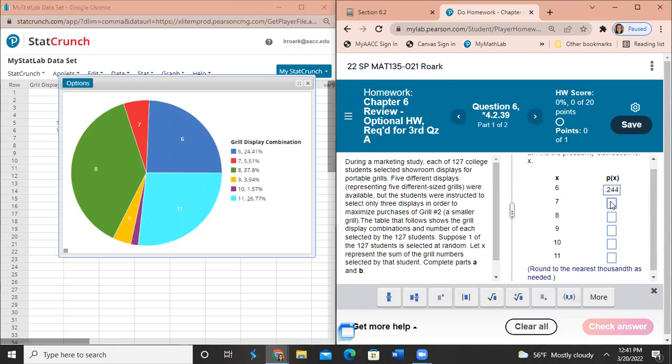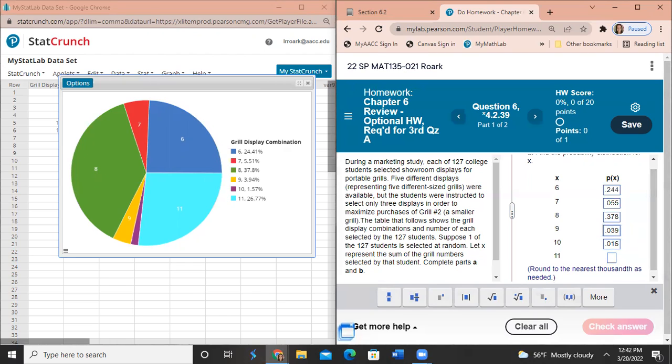Okay, and then 7 would be 0.055. 8 is 37.8, so that'd be 0.378, just moving the decimal place 2 times. But again, if you'd prefer to just go through and add the frequencies up and then divide each one, that works just as well. Okay, I had too many numbers here.